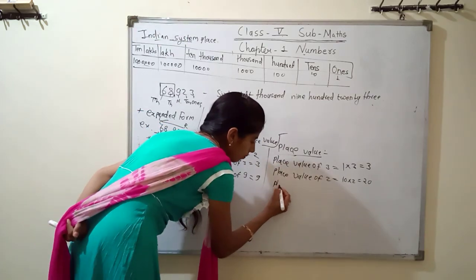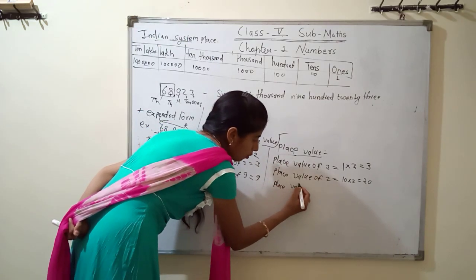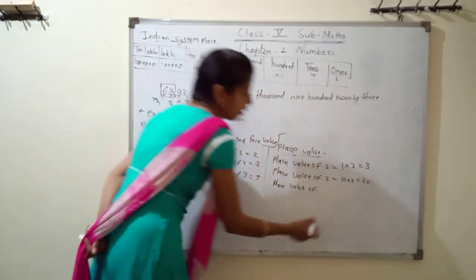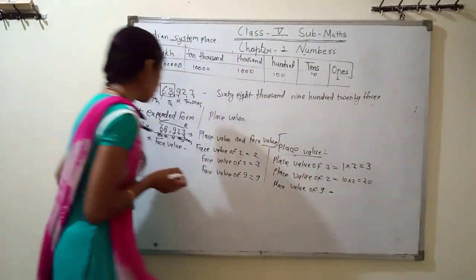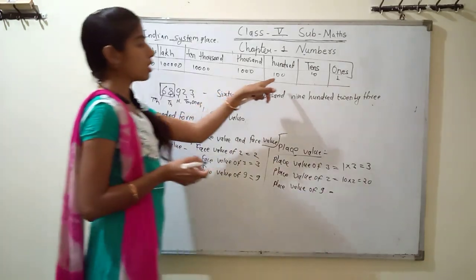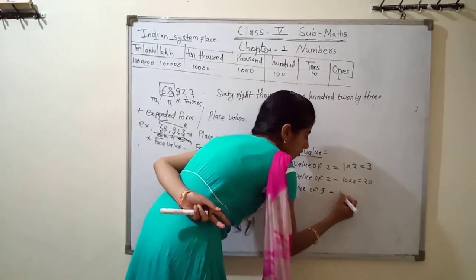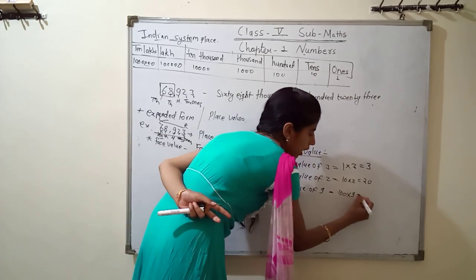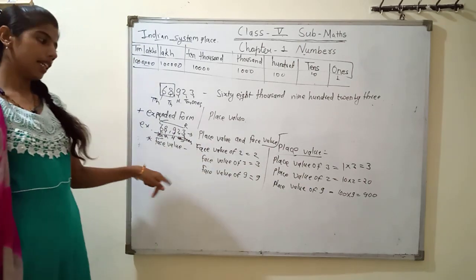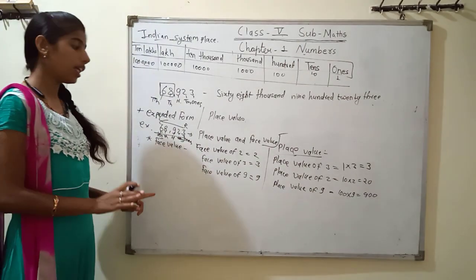Then next, the next number given is 9. Place value of 9. We know that the place of 9 here is 100. 100 means multiply with 100. 1 and 00 multiply with 9. It's all what you already read in your class 4, but it is only your revision.